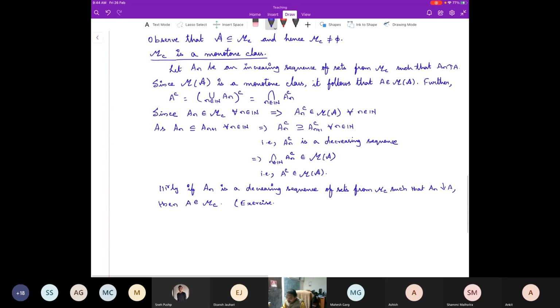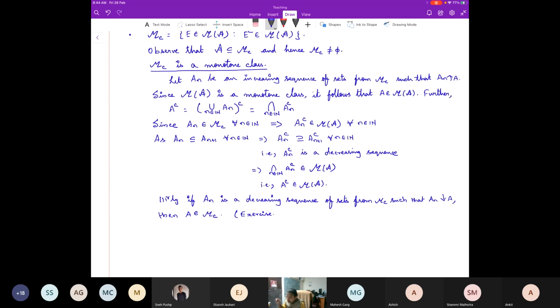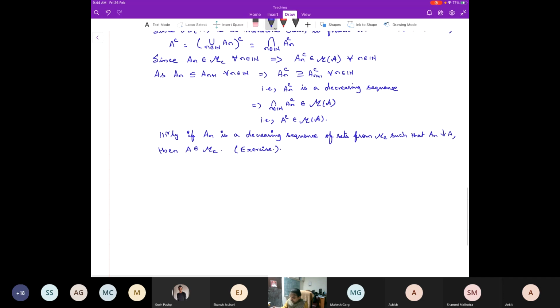So what have we shown? We have shown that M_C is a monotone class. So what does it tell us? What did we prove by showing that M_C is a monotone class? It should contain the smallest monotone class, M_A.